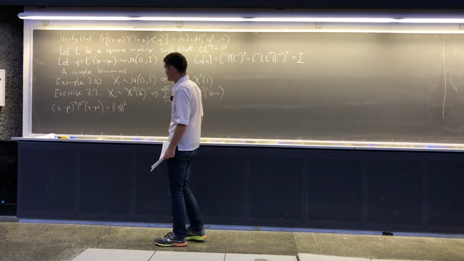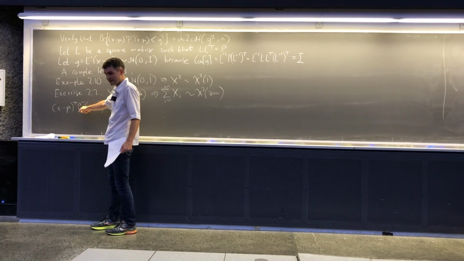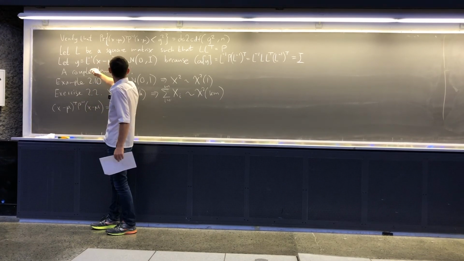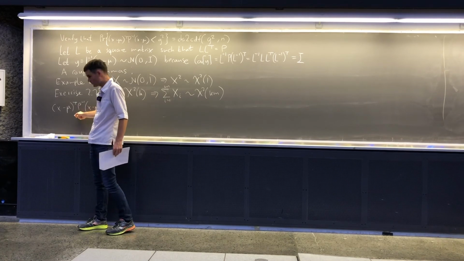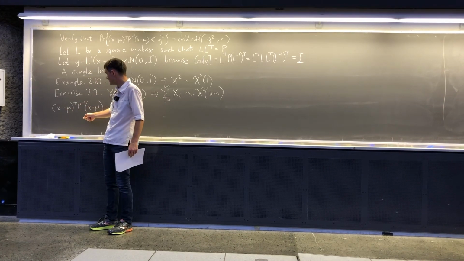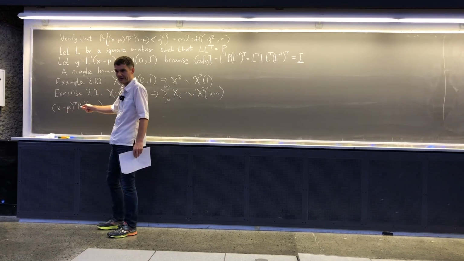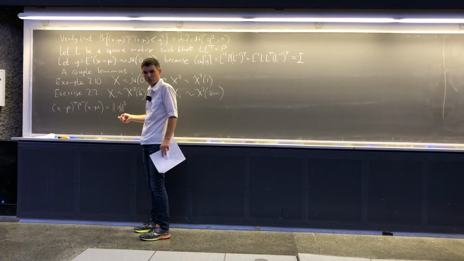Because if you split this P inverse up, you get one L inverse here times this, and similarly you get an L inverse transpose on this side that goes together with that. Both of those give you y, so you basically have y transpose times y, that is the norm squared of y.